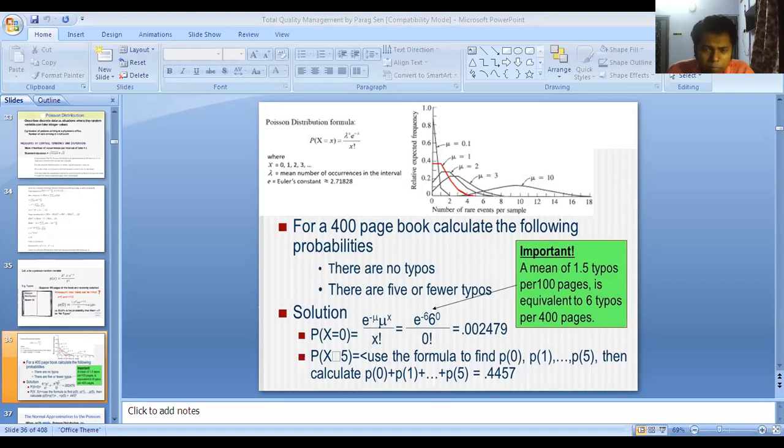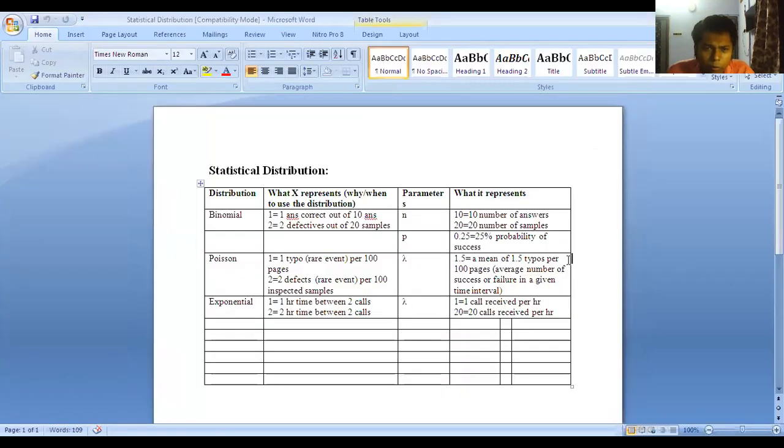So what is represented by 1 or 2? Suppose you consider defects, then one defect means one rare event, that is, per 100 inspected samples, or 2 defects per 100 inspected samples.